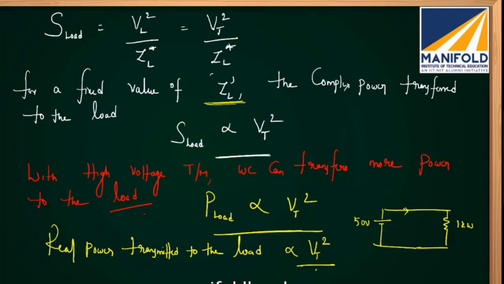So in order to transfer 1 kilowatt, what should be the current? 20 ampere, because 50 into 20 gives 1 kilowatt. But if I keep my voltage as say 100 volt, how much current is required to transfer the same power? 10 ampere.